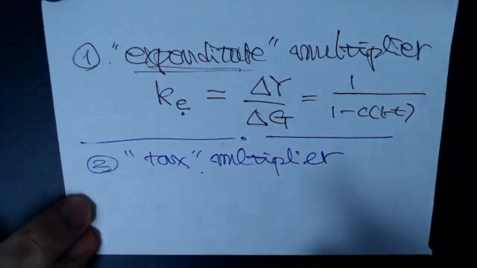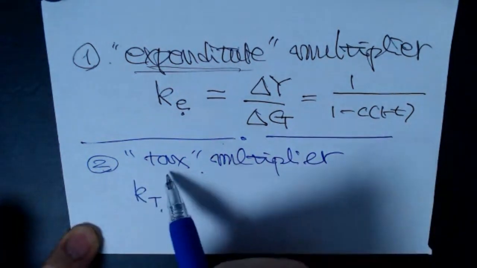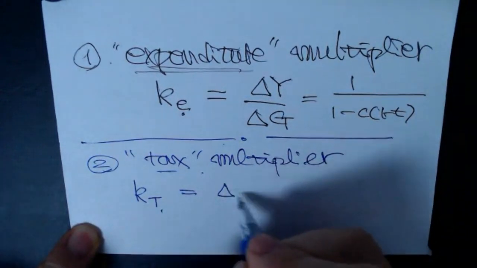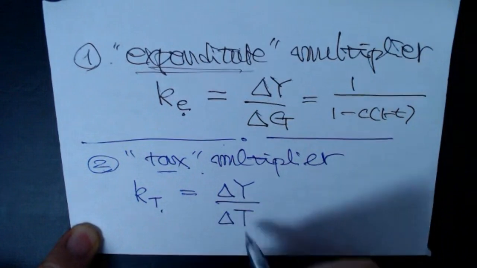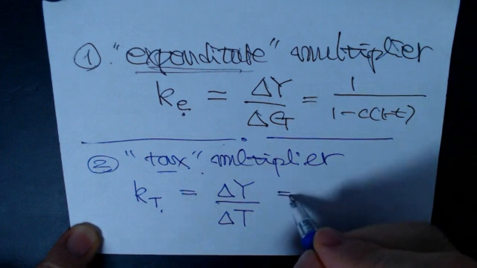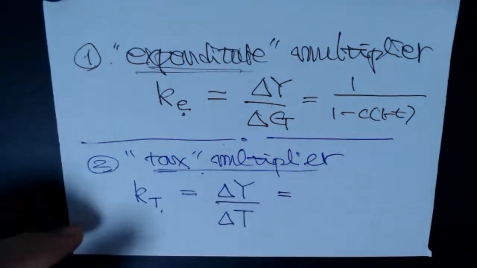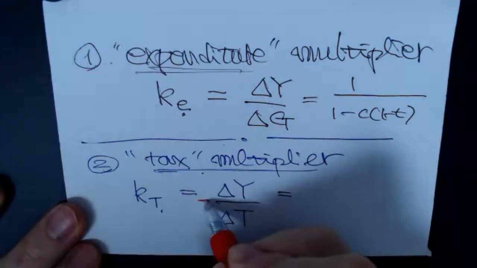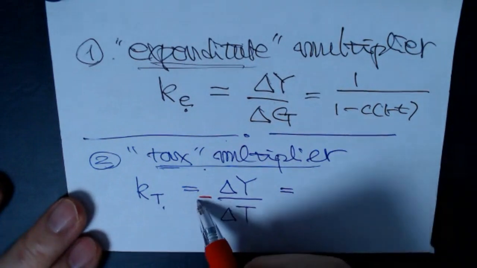So we put K, T, tax. And same: how much does output change when this tax changes? And how much should it be? I will show you soon. But whenever we talk about the tax multiplier, don't forget to put a negative sign in front.